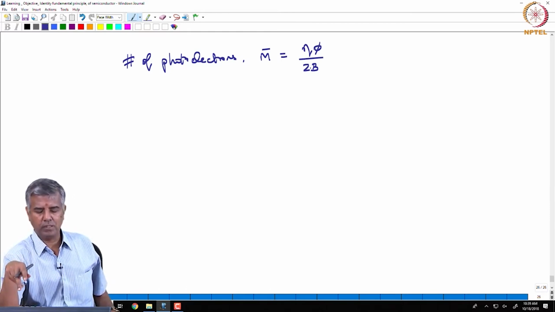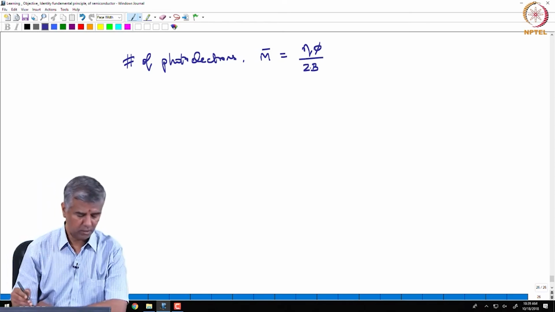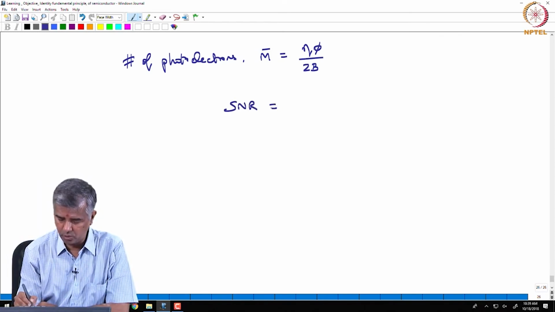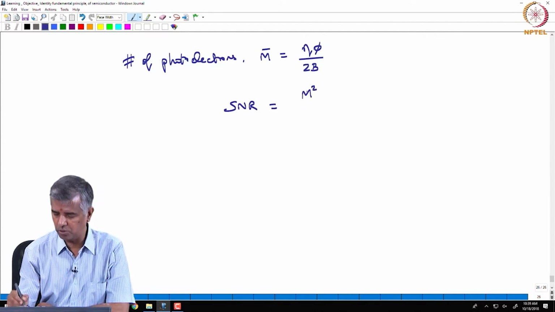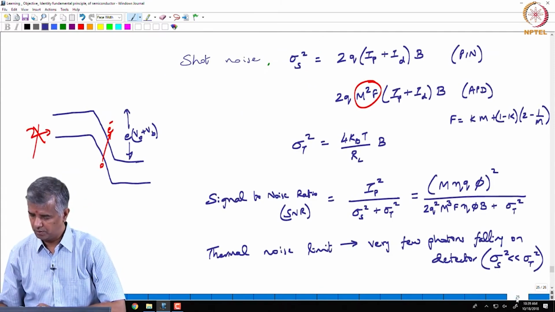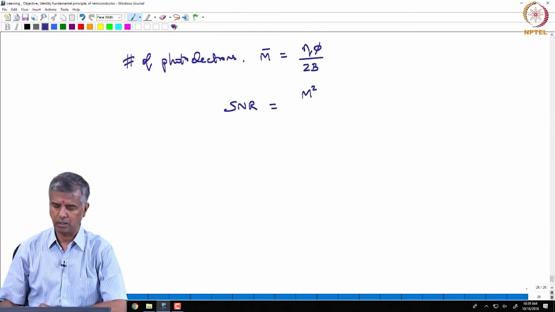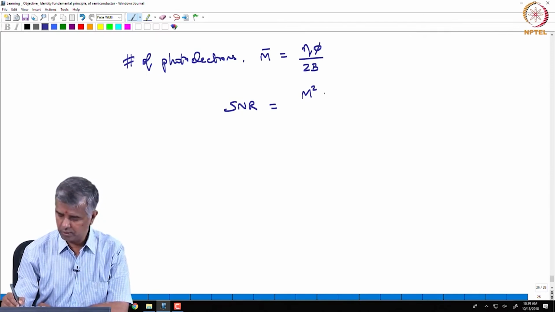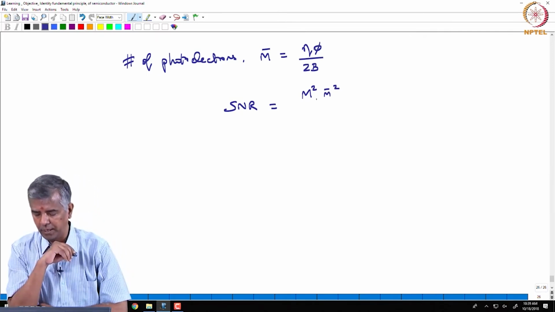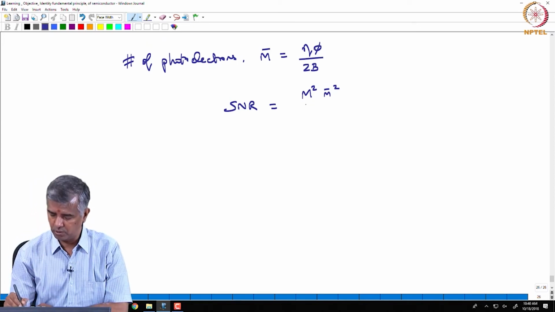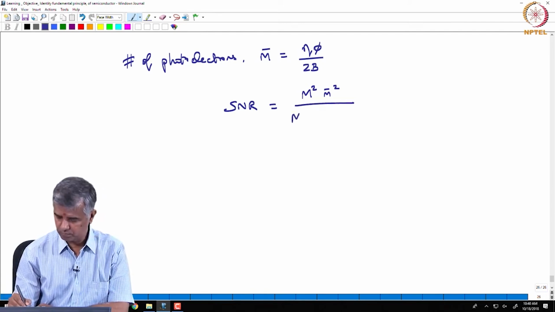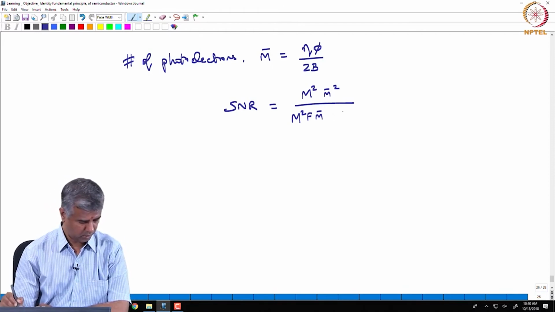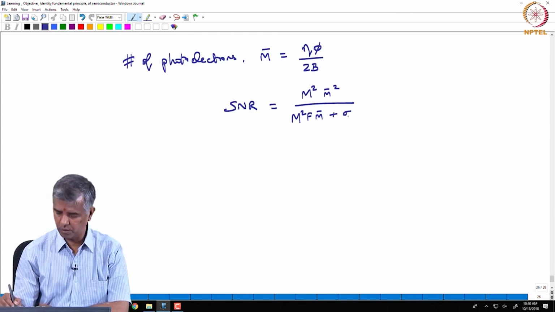So, if you substitute this in that previous expression, what you get is SNR is now given by M square in the numerator multiplied by the mean photoelectron square, divided by M square F multiplied by the mean photoelectron plus some sigma Q square.